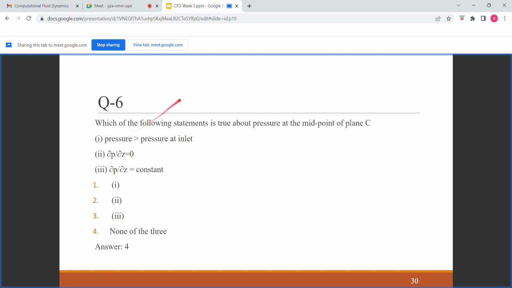Which of the following statements is true about pressure at the midpoint of C? Pressure is not greater than pressure at the inlet, because we know that the fluid flows towards the direction of lower pressure, whereas dou P by dou Z is neither constant nor 0. So the answer is none of the three.